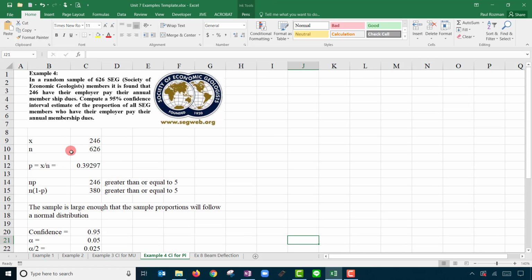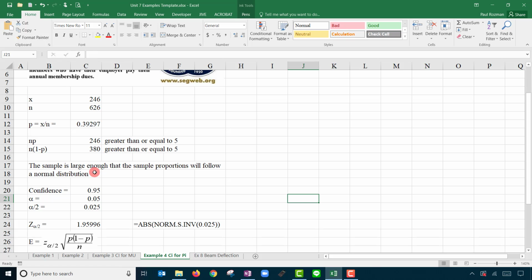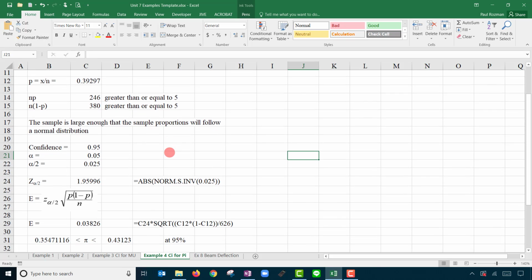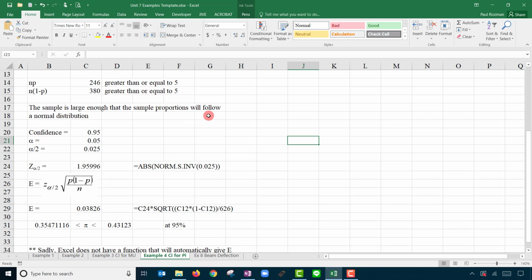So here's a recap of what we just did. We had 246 successes out of 626 members. I calculated the proportion by just dividing. I checked my conditions. They were both greater than or equal to 5. That told me that I get to use the Z distribution. Then we looked up our confidence.